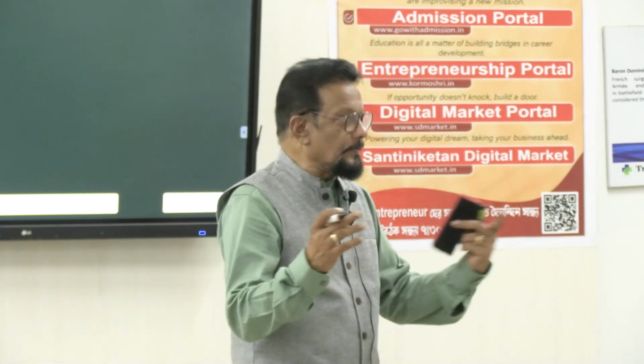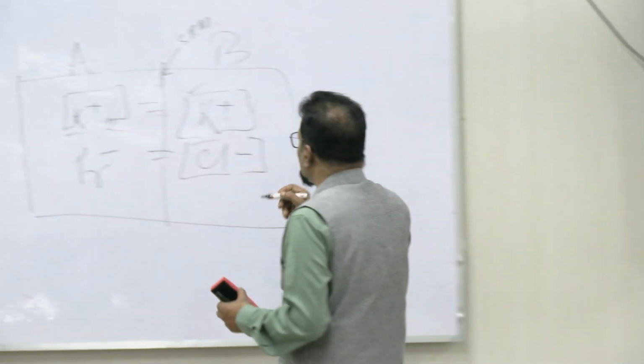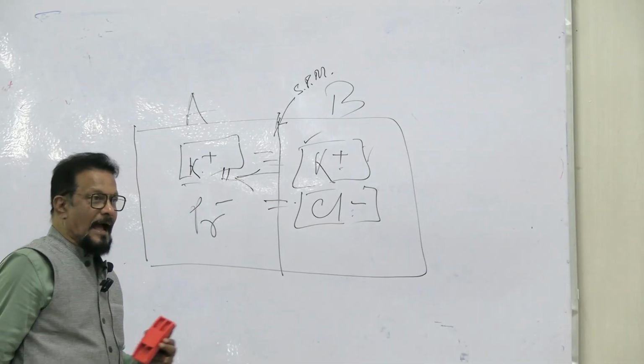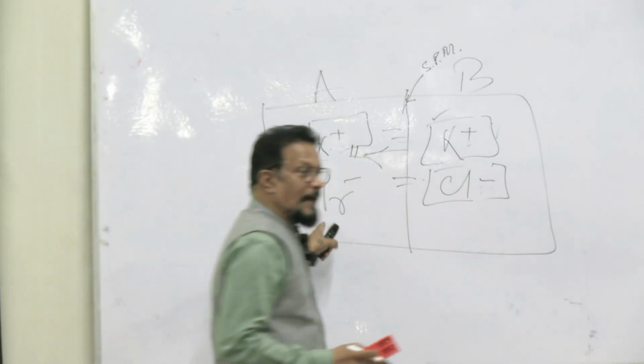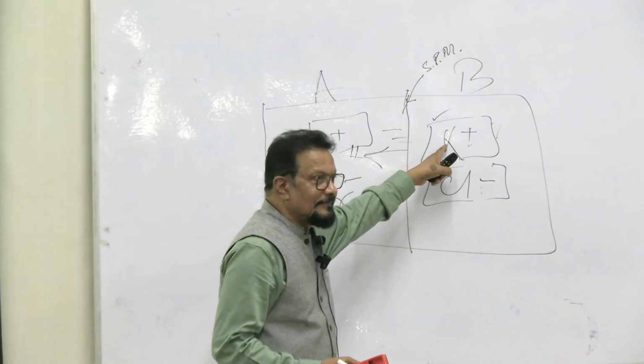The equilibrium state will come. We will see that more potassium ion is accumulated here because of the presence of the non-diffusible ion. Here its concentration will be less.